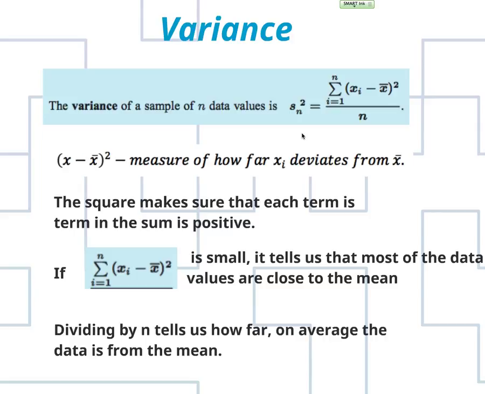So variance is given by this formula here, S sub n squared equals the sum of your x values minus x bar squared, all divided by n. It has some symbols we've already talked about, like what does the x bar stand for? The mean.